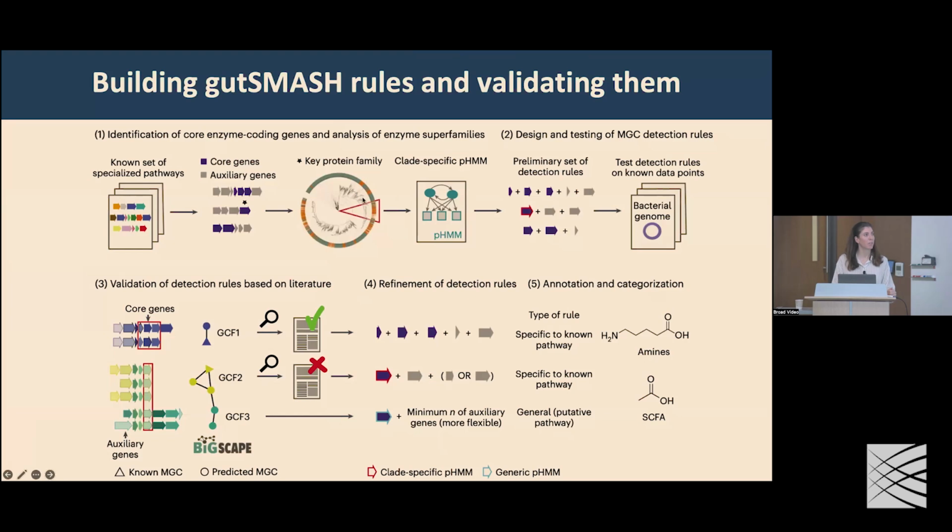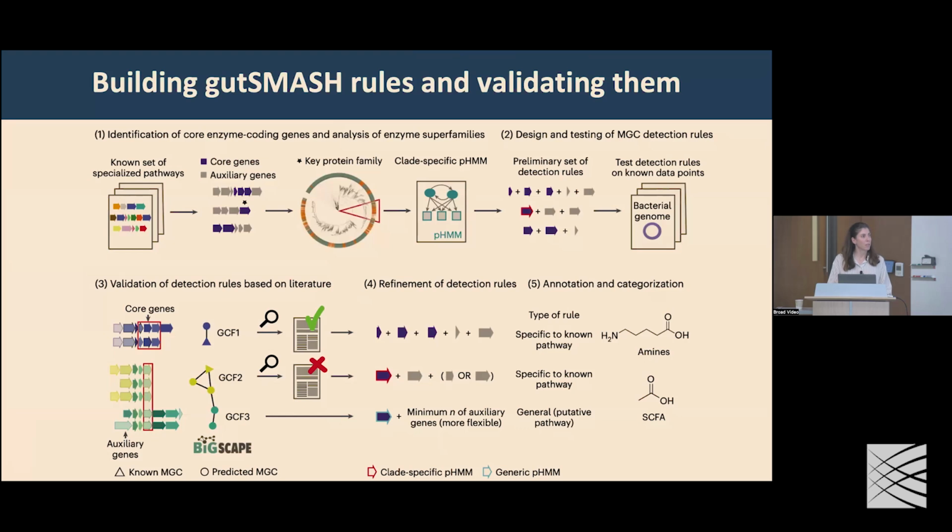From here, we could identify the specific clades that we were interested in, and this helped us to build specific PHMMs. So we customized the PHMMs to target the enzymes that we were interested in and discern between these and, for example, the housekeeping related genes that could be involved in these protein families.